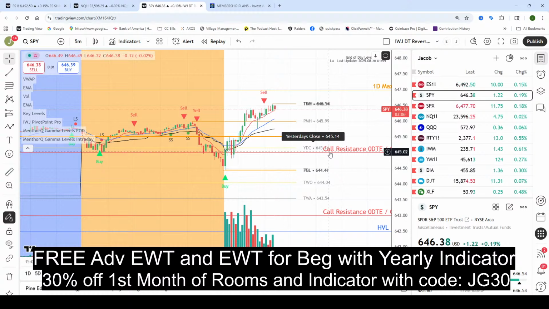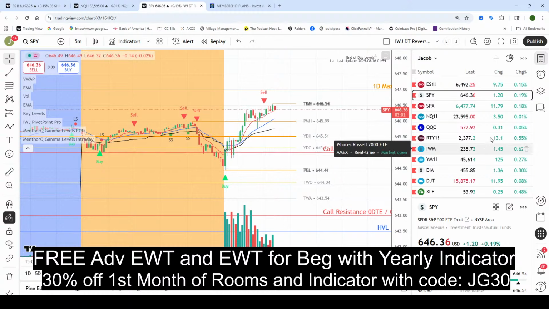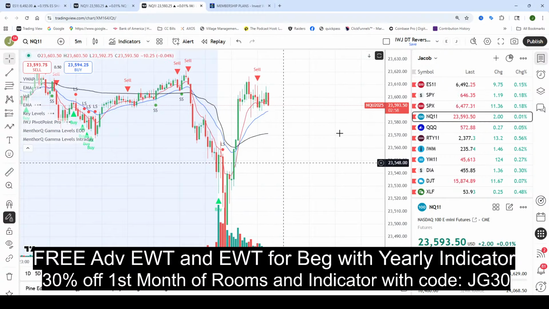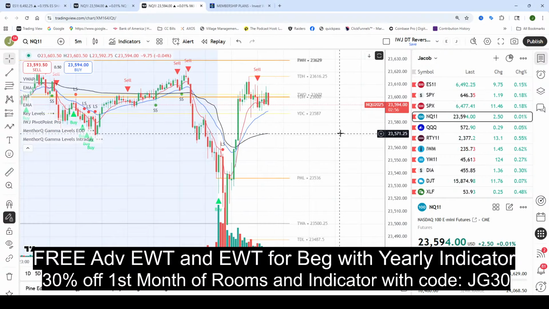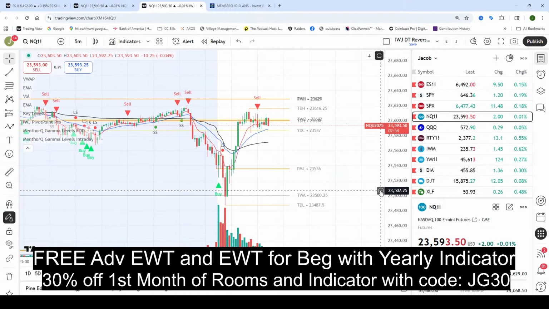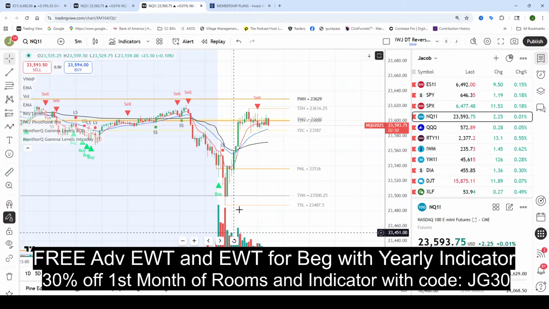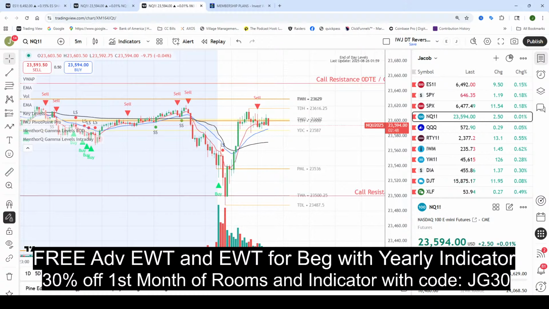What do you reckon, JG? Inverse head and shoulders forming on NQ 5-minute chart? I've not looked. From where? If you say it's forming, this would have to be your head.